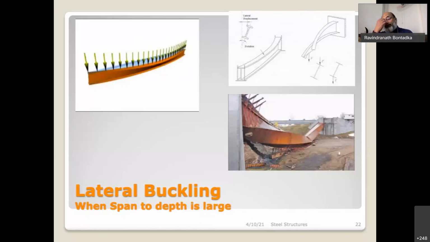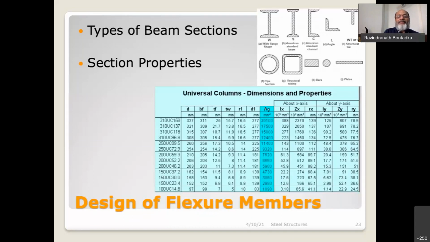Next, an important failure mechanism is lateral buckling. This again applies to members subject to bending. Now, what are flexure members? When the member is subject to bending, it is withstood by its axis, and then it starts undergoing the bending. For that, we have different types of members. We have standard I sections, channel sections, angle sections, T sections, round sections, all of this.